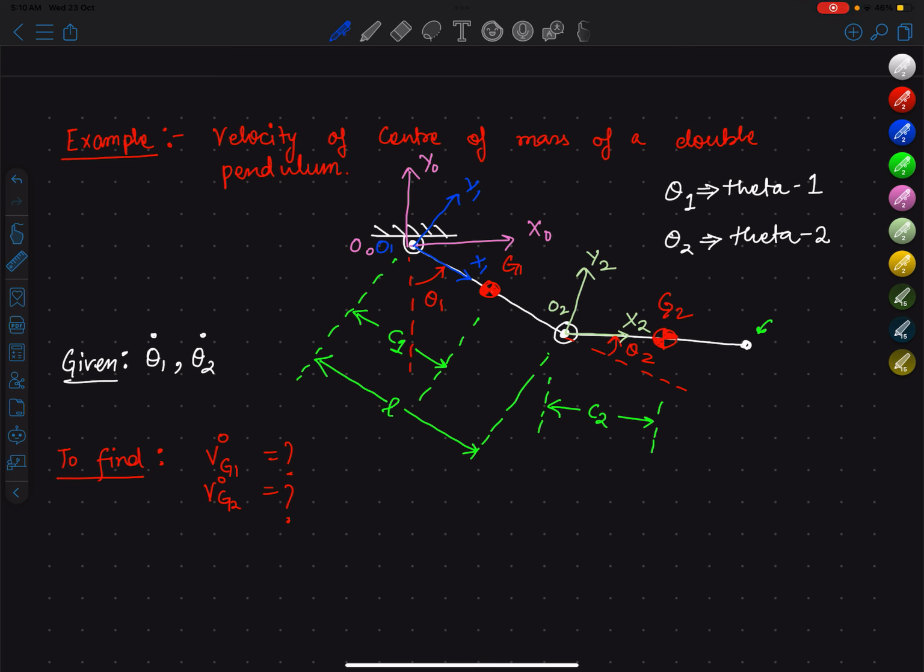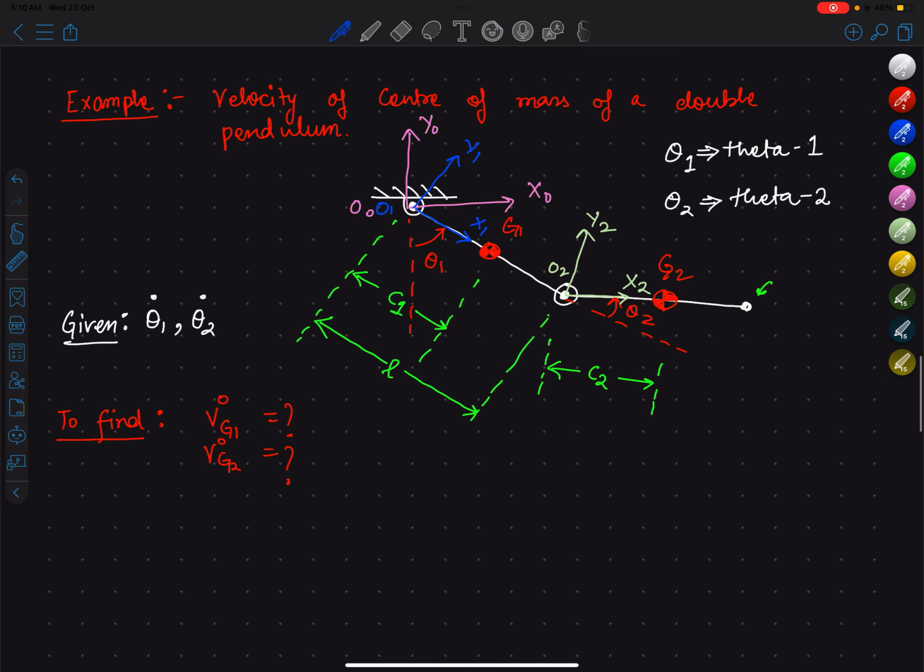So in the last section we saw the formula, right? So let's write that formula once. Vg1 naught equals Jg1, the Jacobian of point g1, times q dot, and q dot is nothing but theta 1 dot and theta 2 dot, right? All right, this is for g1, but what can we write for g2?